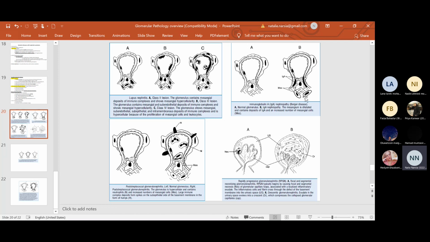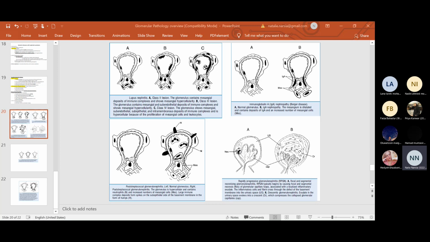This is a schematic picture, guys. For example, spike and dome. It is a subepithelial hump. It is fine. Sorry, guys. And here, crescent formations. You see, only a small part of the glomeruli functions well. This is focal segmental, a small part is here.